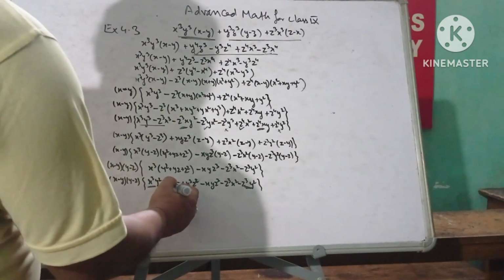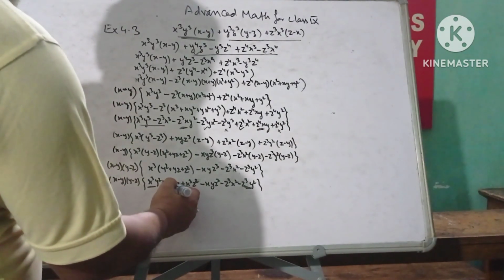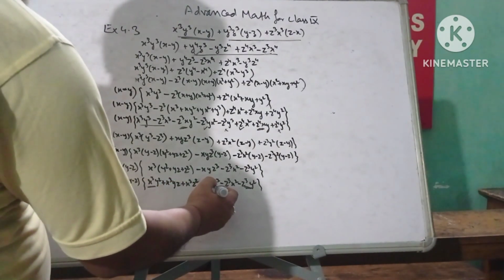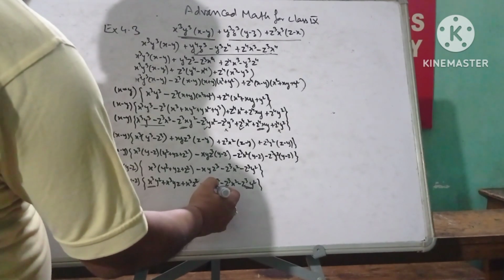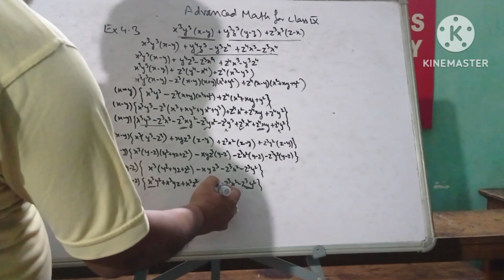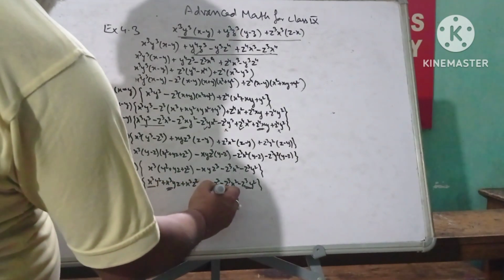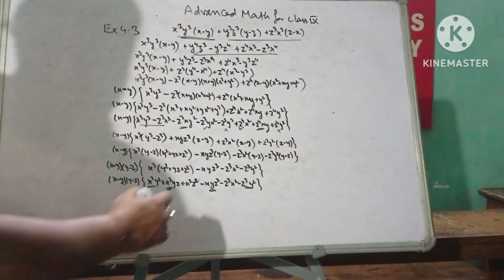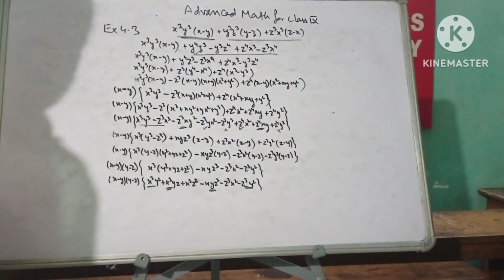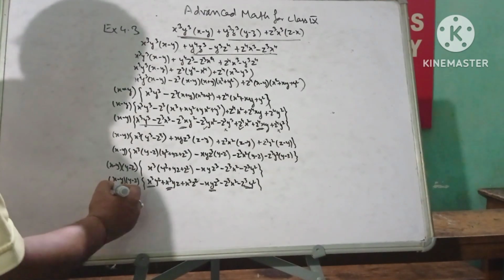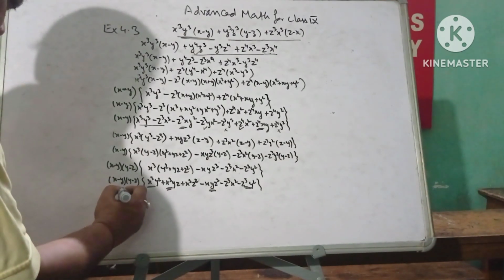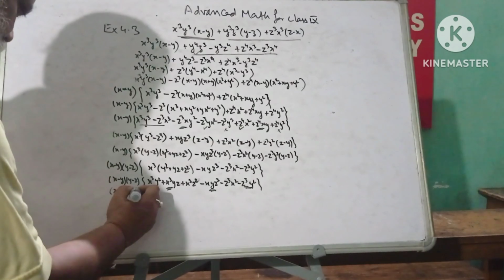Now again, this term and this term, you are going to get z minus x. This term and this term, you are going to get z minus x, and again here you are going to get z minus x. So see, this is x minus y, y minus z.